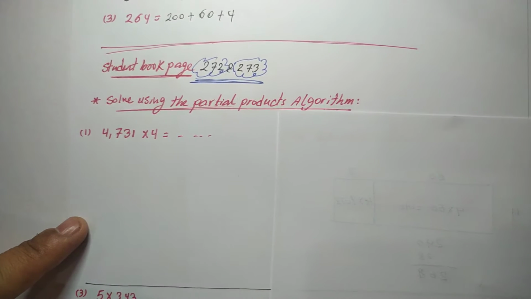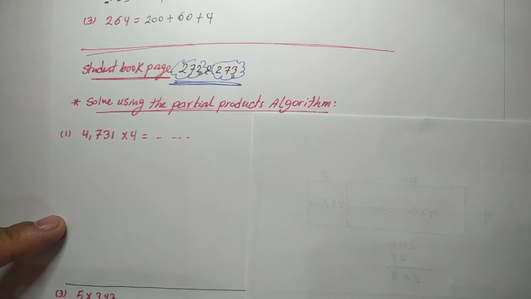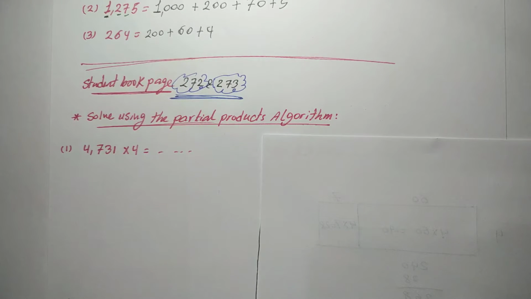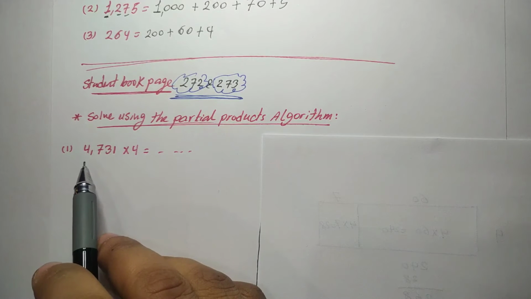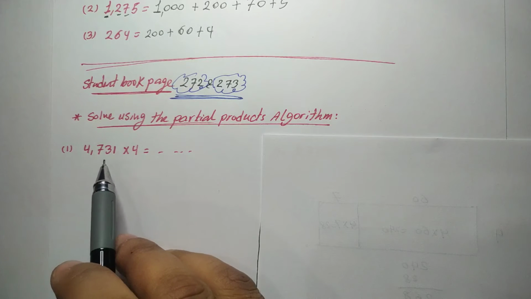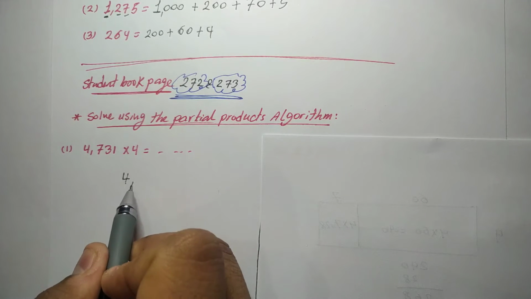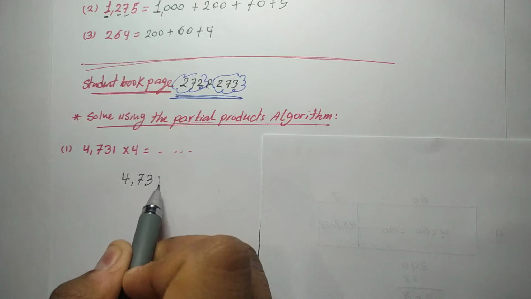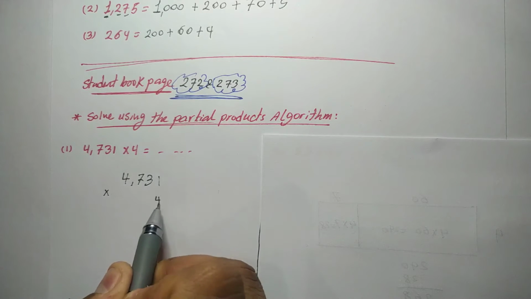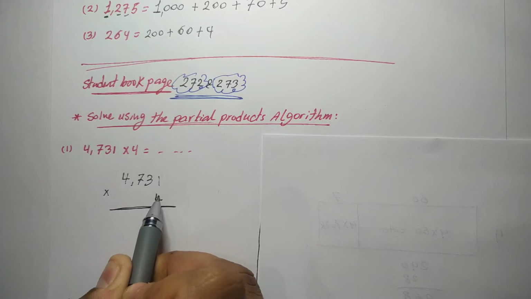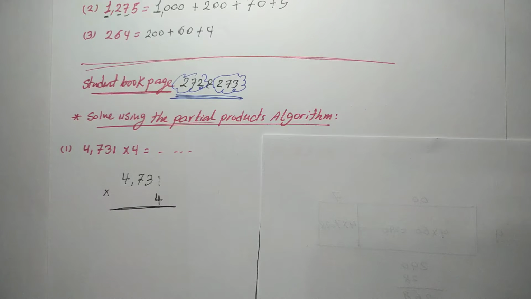Solve by using the partial product algorithm. 4,731 times 4. Start making it like this. 4,731 times 4. And make it like what I'm doing.